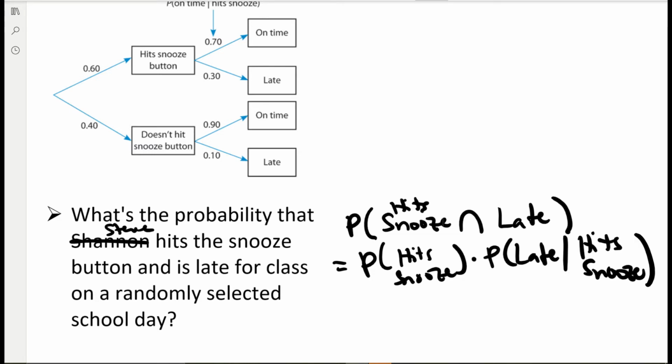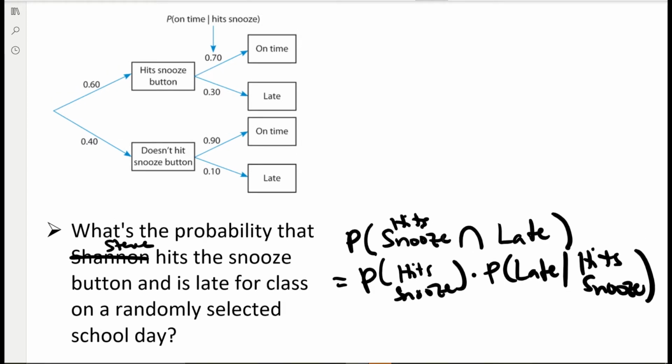All right, and how do we do that using the tree diagram? Well, the tree diagram already gives this to us, right? So we know that this is the probability that he hits snooze, which is 0.60. And then we follow the tree, so we have this, and then we have this one right here. So he's hit snooze and he's late to class.